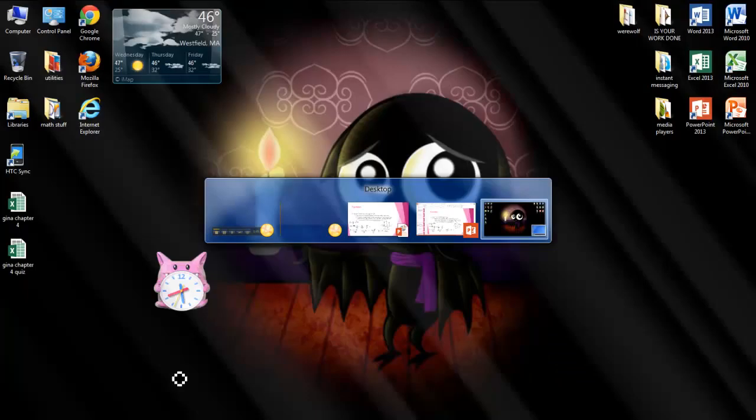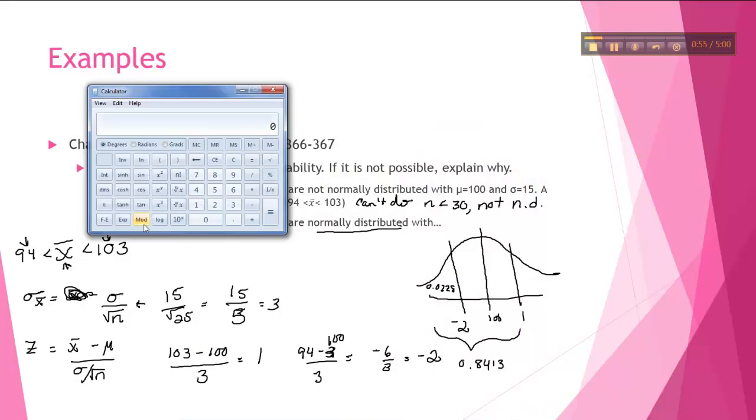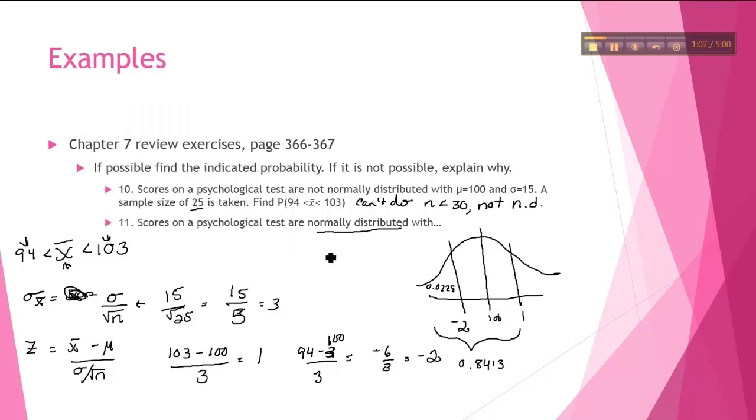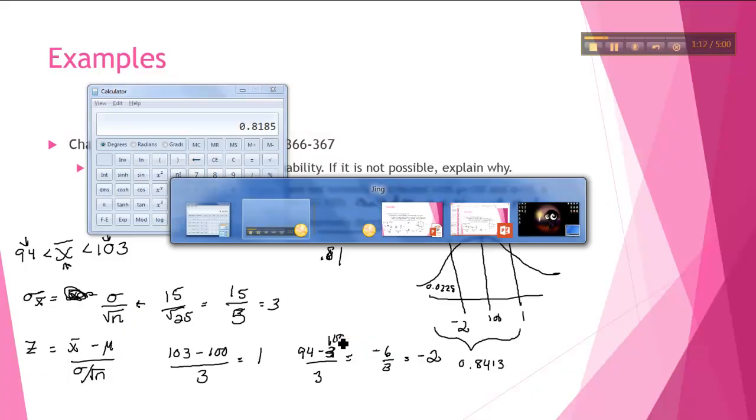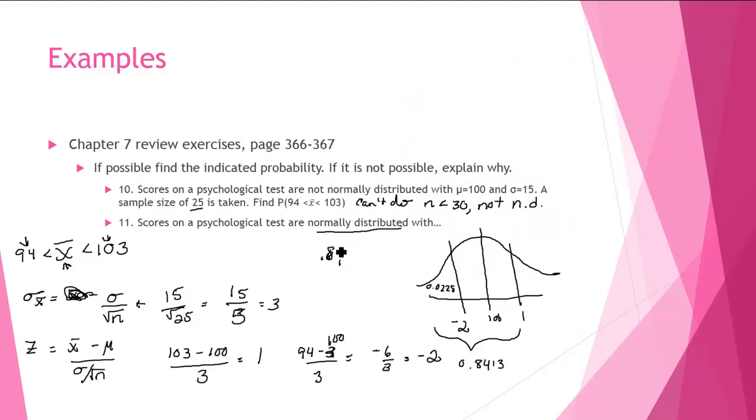I just need to get to my desktop so I can get my calculator. 0.8413 minus 0.0228 gives me a probability of 0.8185.